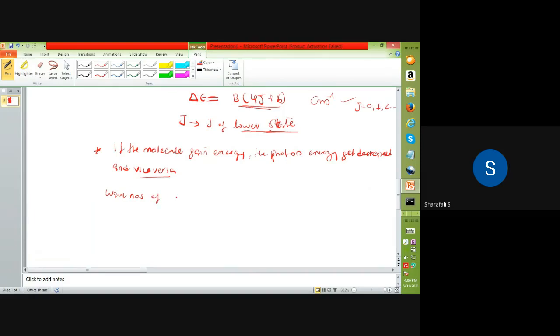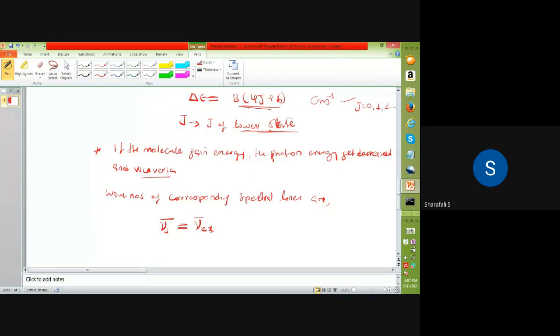So wave numbers of corresponding spectral lines. If you are considering mu s bar as your spectral line, that will be given by mu s bar is equal to mu bar Ex.